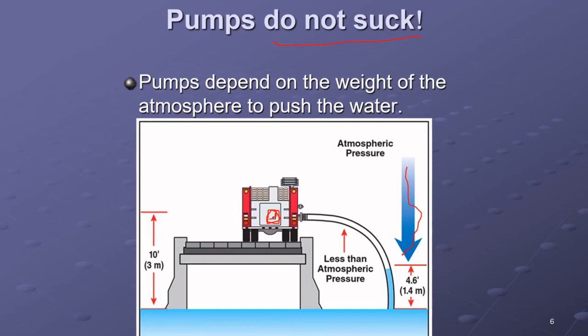I have 14.7 psi at sea level of pressure pushing down on my water source. And it pushes on that water source, and because I'm creating low pressure in my pump, it starts to push the water up my draft hose. Okay? So as long as I can get my centrifugal pump primed, and we'll get into that part in a little bit, my pump pulls water up as the atmospheric pressure is pushing down on my water source and pushing it up my draft hose. That's how the draft works.